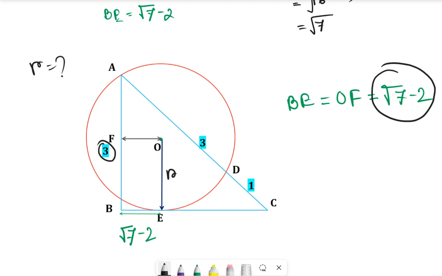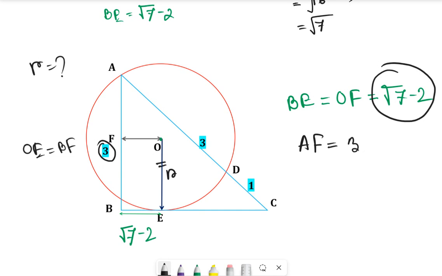So AF equals to, we can write down the total length is 3, and of course OE equals BF. These two lengths are of course parallel and equal.